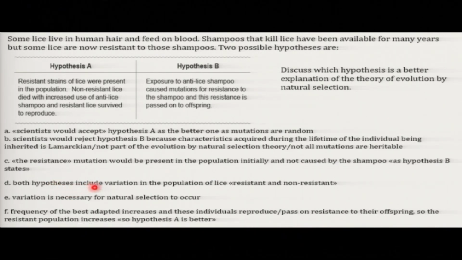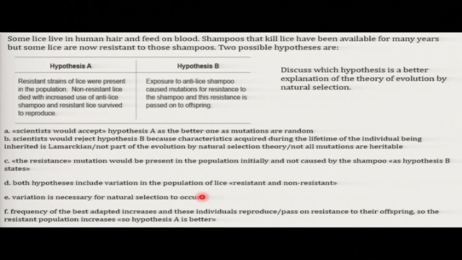Both hypotheses include differences, variations in the population of lice. Resistant or non-resistant. They are already differences. In our hypothesis, differences are indicated. So these variations at the same time can act as a tool for natural selection. Variation is important. If natural selection is to take place, then yeah, you know what?